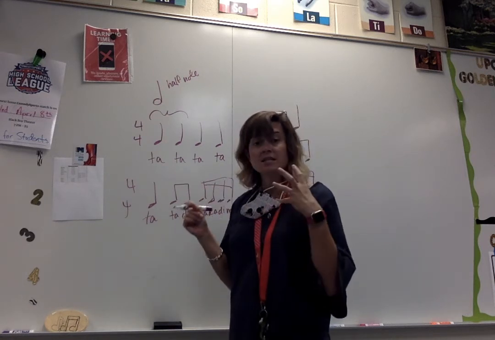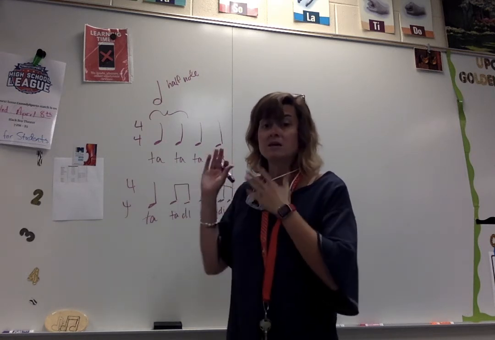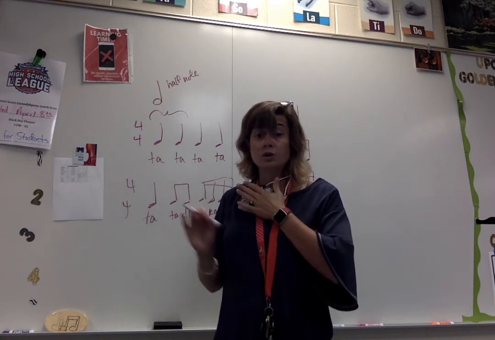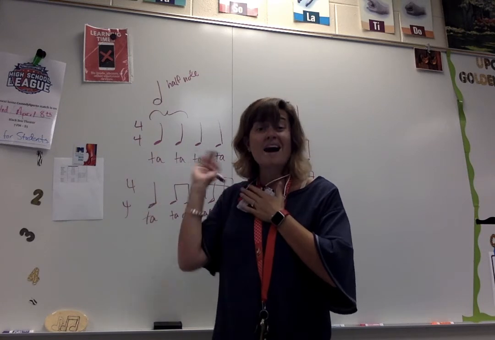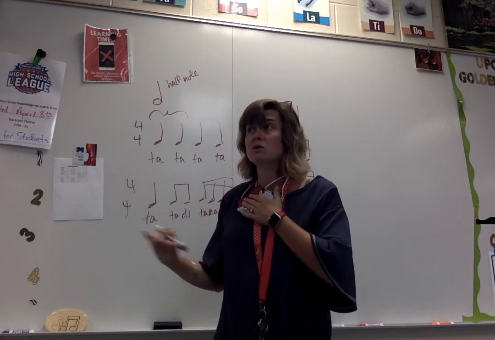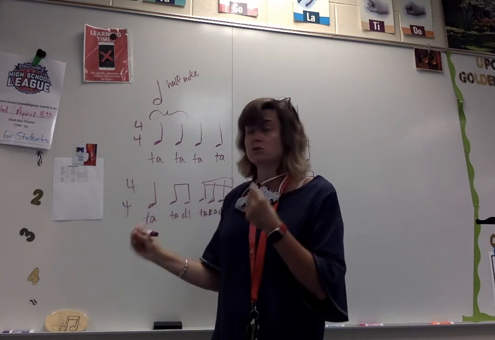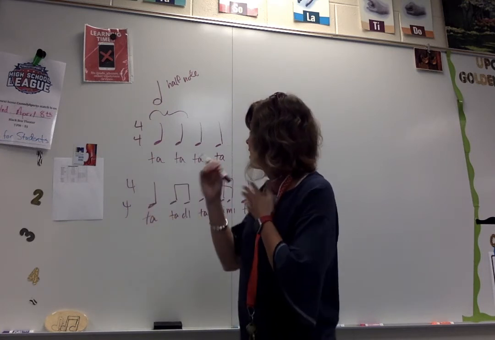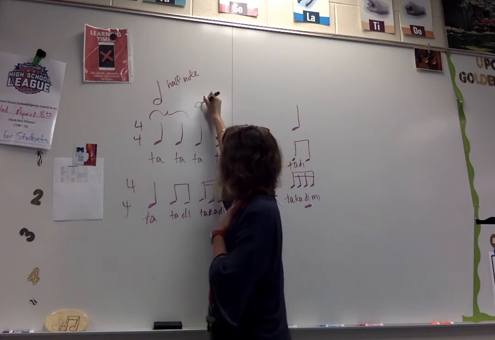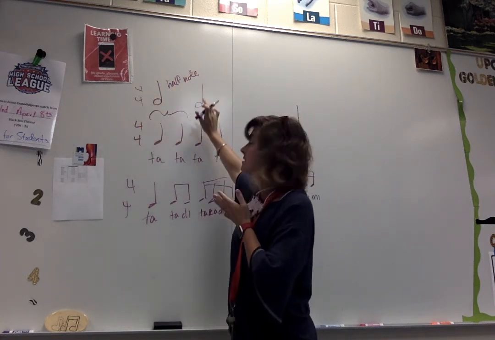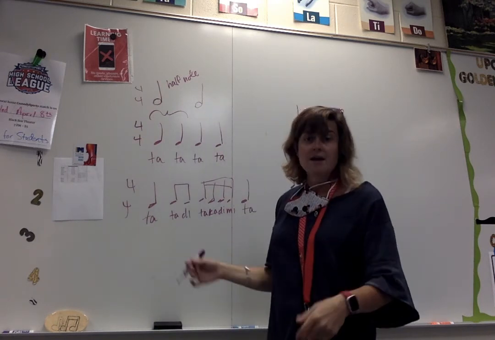Ta. It just takes up twice as much time. So if here's our beat, ta, ta, ta, ta. If there's 4 quarter notes in a measure, there's 2 half notes, because each half note takes up 2 of the quarter notes. So a measure of just half notes would be ta, ta, okay? And that's a half note.